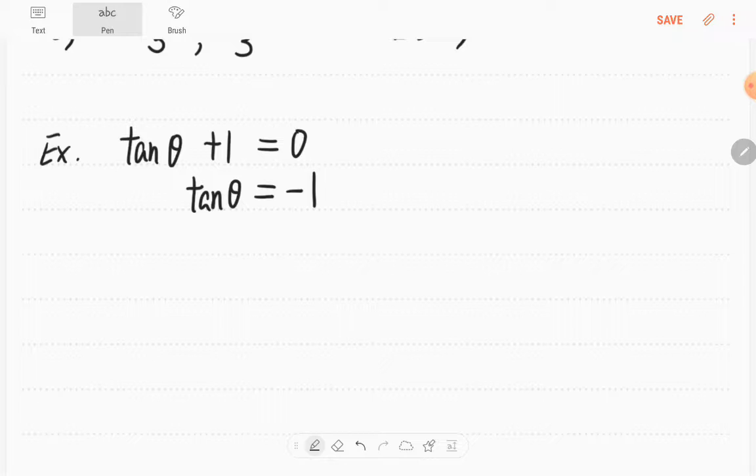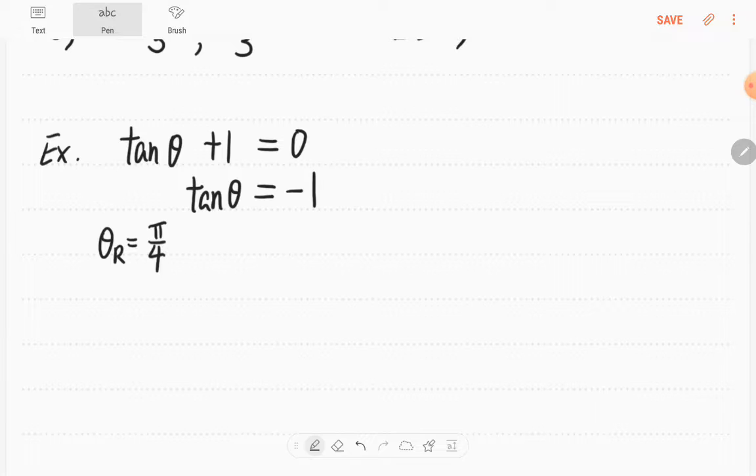So we can find the reference angle for this one. The reference angle for this one would be pi over 4, right? And the tangent of this reference angle should be equal to 1. So it's pi over 4.